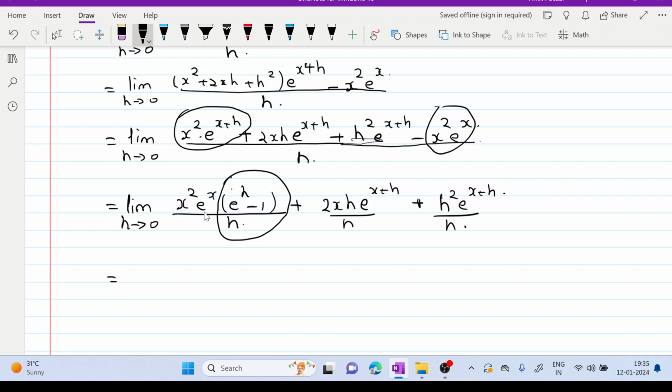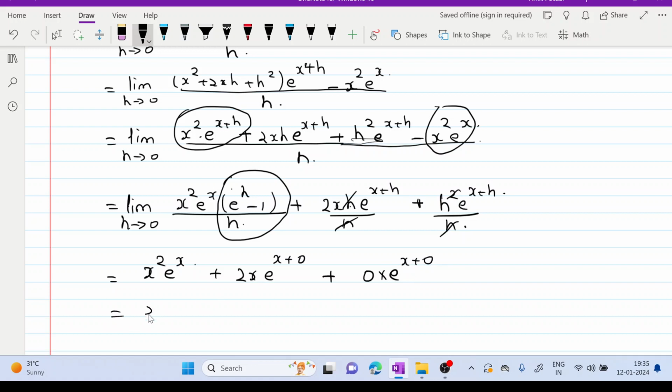So this part of the limit becomes 1, and x square e^x is a constant as far as h is concerned. So the first limit happens to be x square e^x. Here h and h cancel, and if I take its limit, it becomes plus 2x e^x, plus, here one h cancels so one h remains, so it's 0 times e^x plus 0.